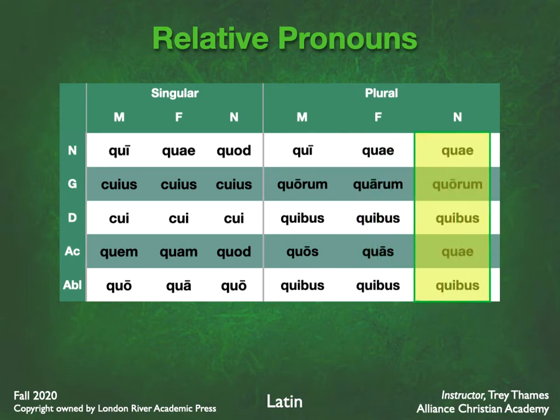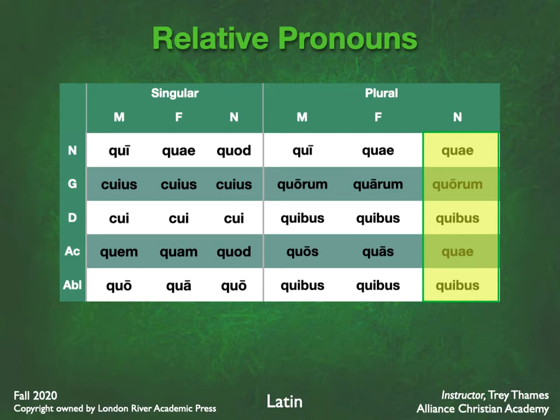And in the neuter, quae, quorum, quibus, quae, quibus. Again, the neuter rule, if you remember, whatever is in the nominative has to be in the accusative. So we see that here, as well as in the singular neuter, quod and quod. Those are the same. So again, you've got to go across. When you memorize the singular, it just makes it easier.